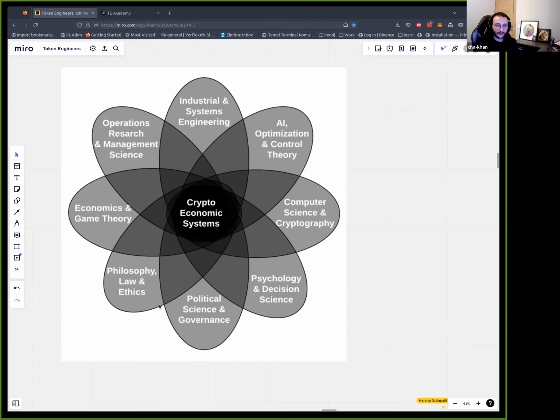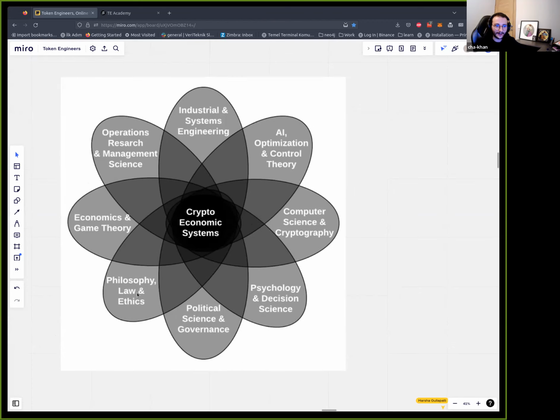And when you're thinking about all of this, philosophy and law and ethics come in, because, well, the systems you're building affect humans at a very, very high level, at a mega scale. So you want to make sure that you're ethical in what you're doing, and you want to comply with the law. So that's not always the case with crypto-based systems. And of course, we're building a computer-based system using very advanced technologies, decentralized technologies.